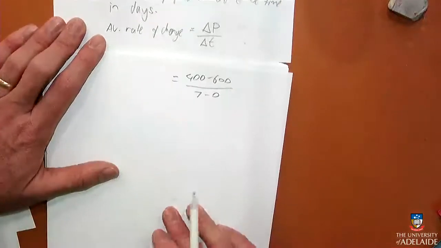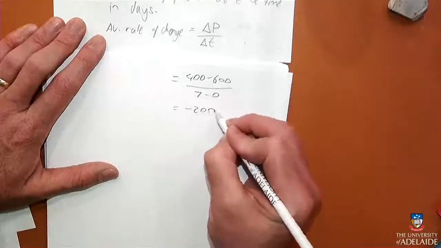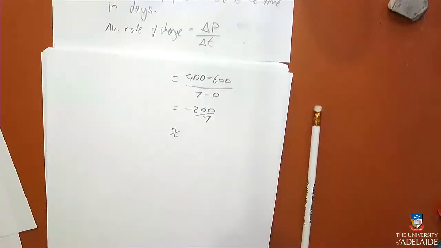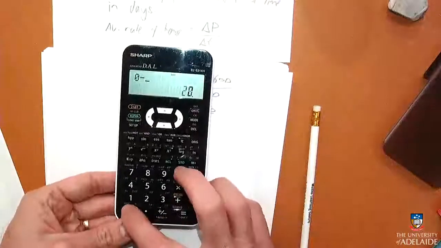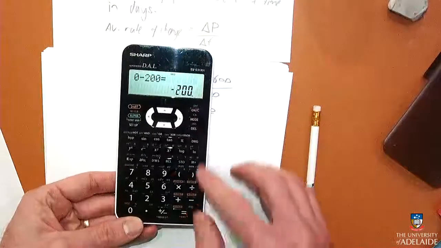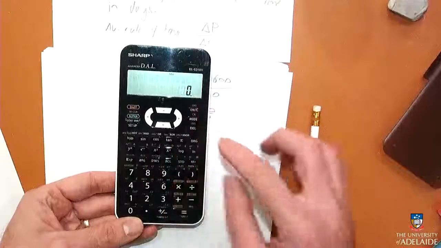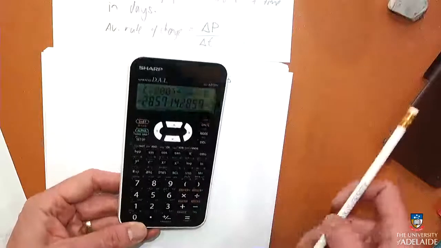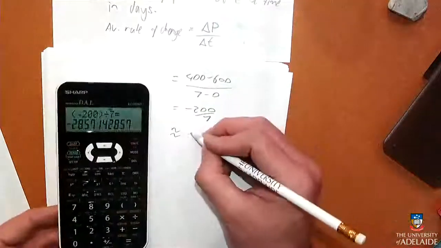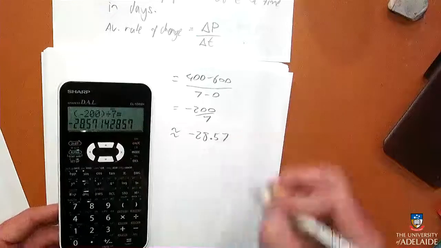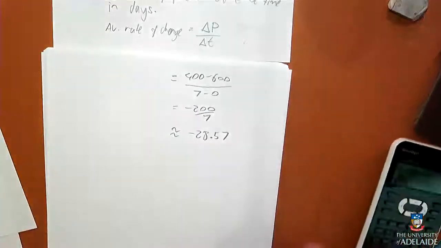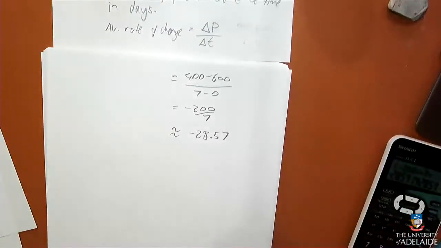So that's minus 200 over 7, which is approximately, I'll just get my calculator, minus 200 divided by 7 is minus 28.57. Now that's probably needlessly precise for what we're trying to get at here. It was in hundreds to begin with, so I can probably round it off to 29.